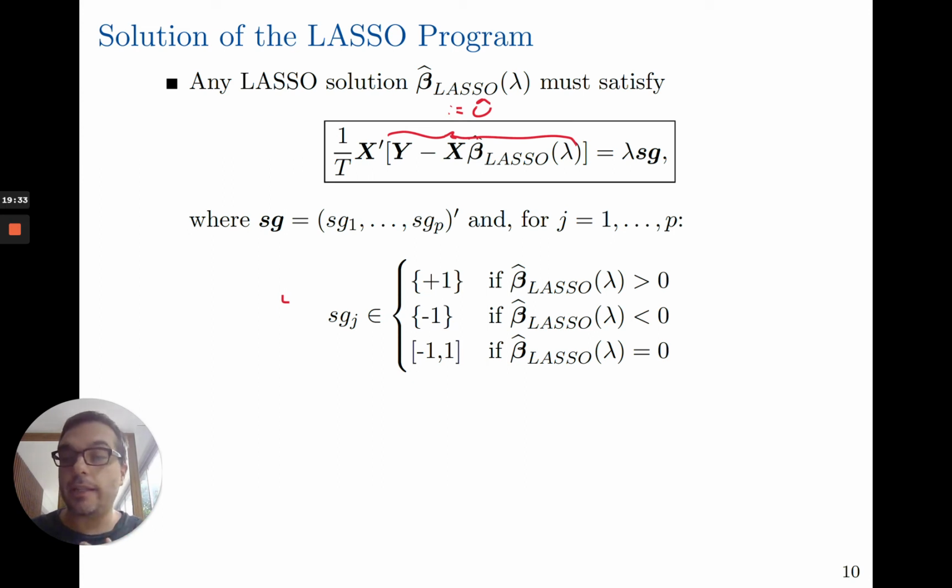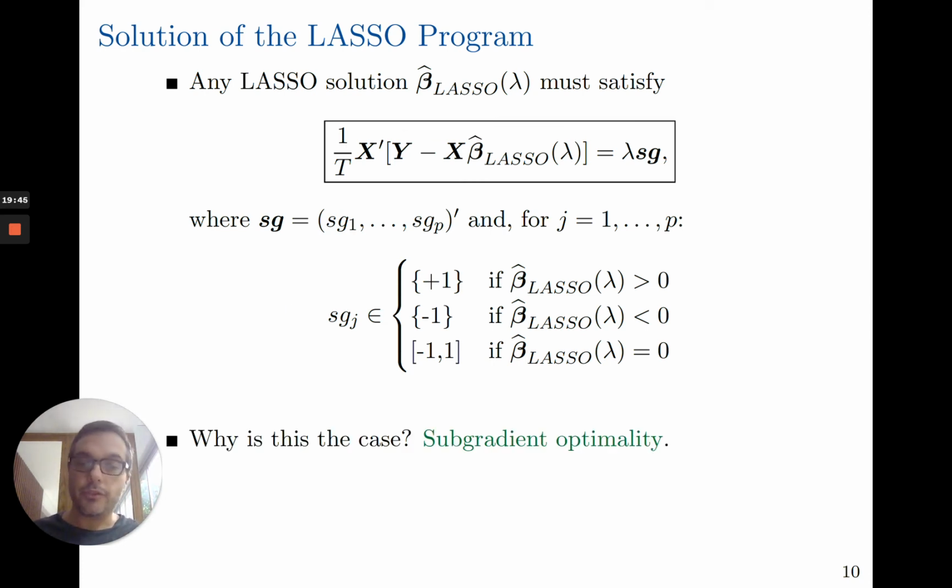The answer to that is based on something called sub-differential calculus, that I'm going to give you just a glimpse of. So basically, what you're seeing on your screen is the solution for the lasso program based on subgradient optimality.